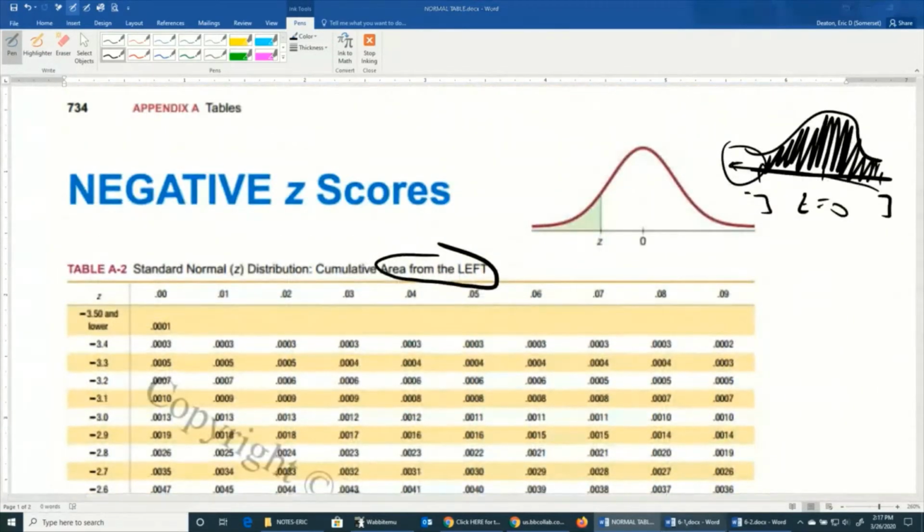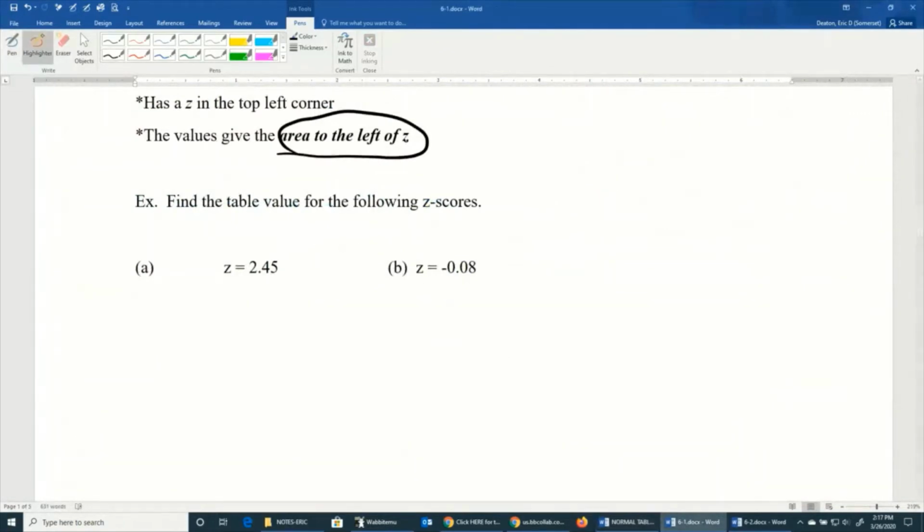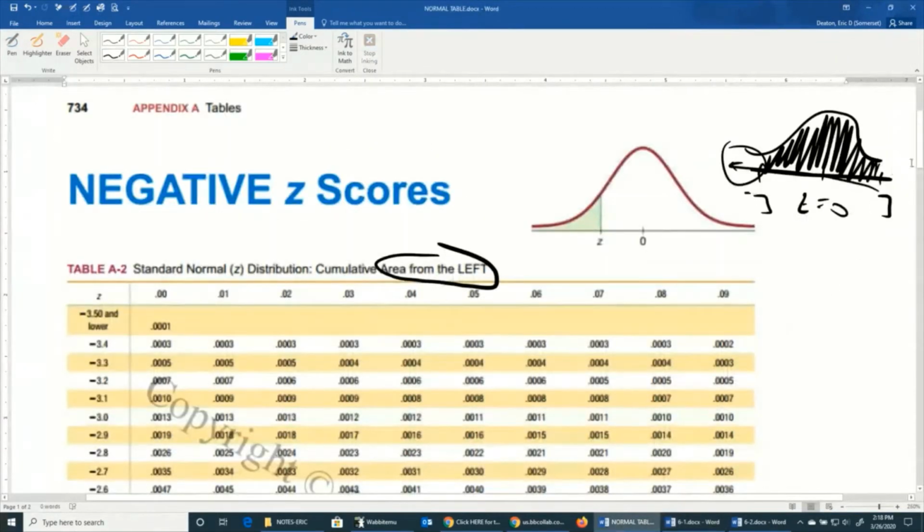And so the hardest part is actually recognizing how to use the table, to start finding table values. So anytime I say TV, I'm referring to table value. So for 2.45, here's what we're going to do.